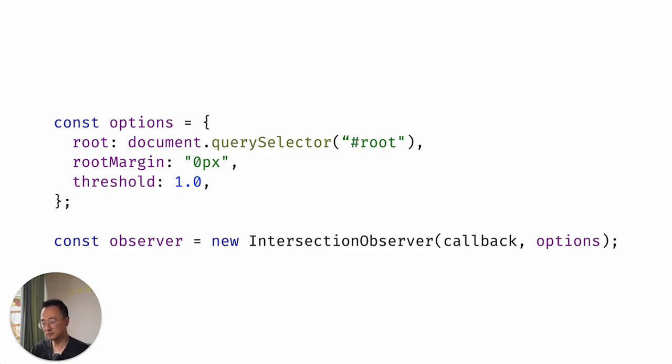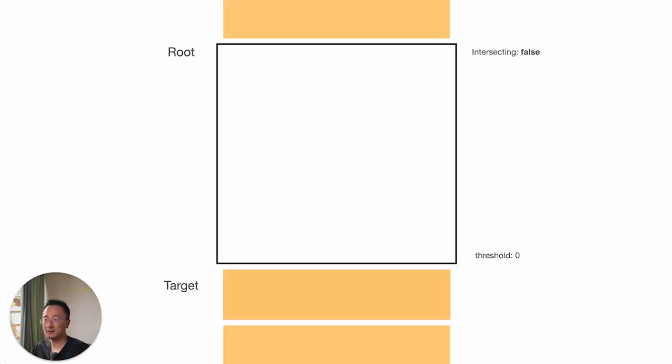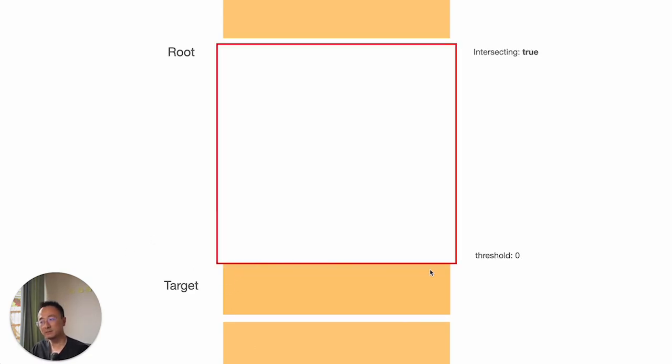Let's talk about the threshold a little bit more. Just as we said, the threshold is how accurate the intersection will be. Let's say you have a target beneath the root element. As you scroll, if you set the threshold at 0, when you move the target so that it just intersects with the root, it will trigger the callback function.